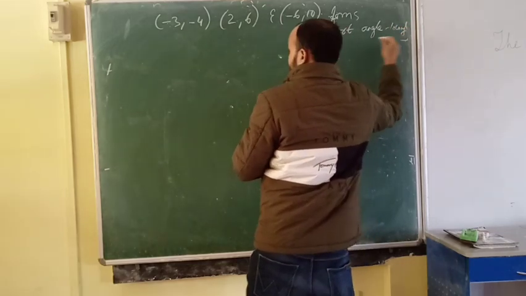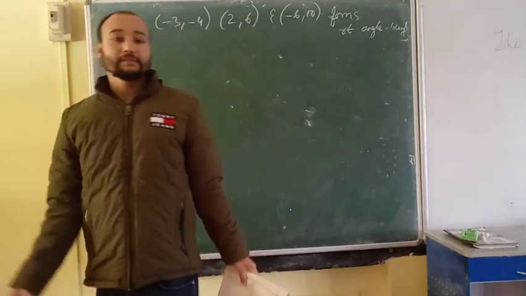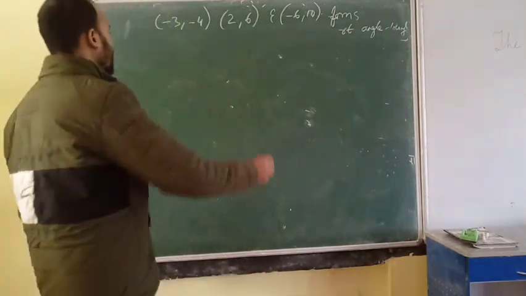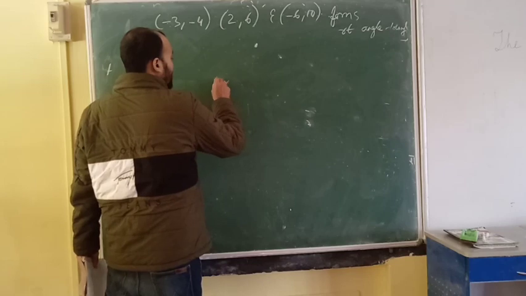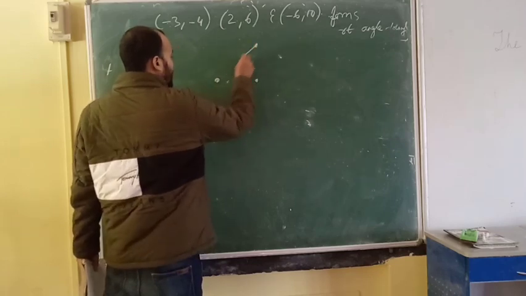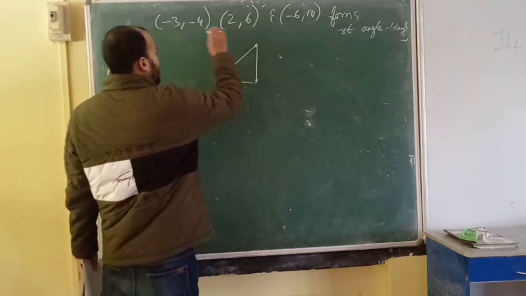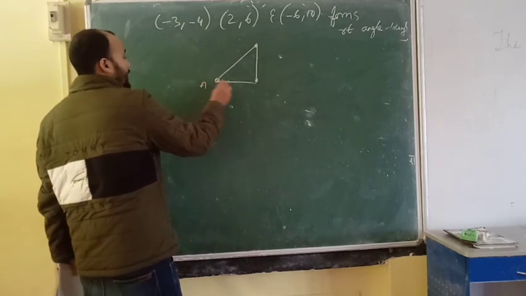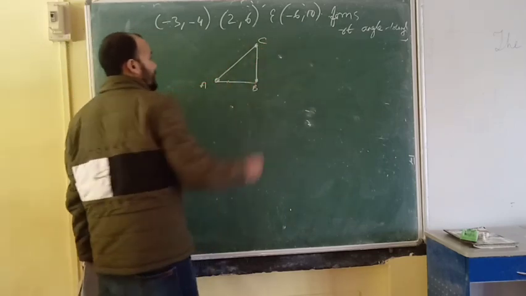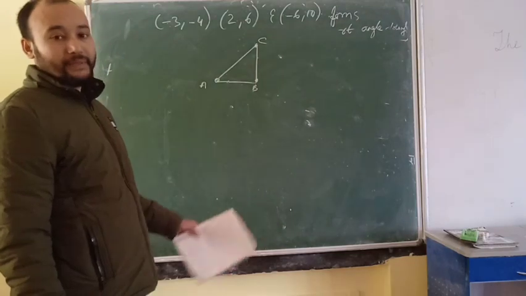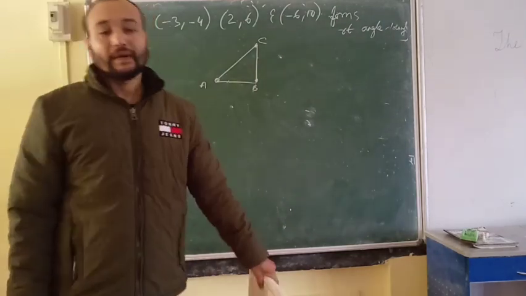So you are given 3 points, basically ABC. Suppose this is A, this B and this C. If you show that the points A, B and C form a right angle triangle.